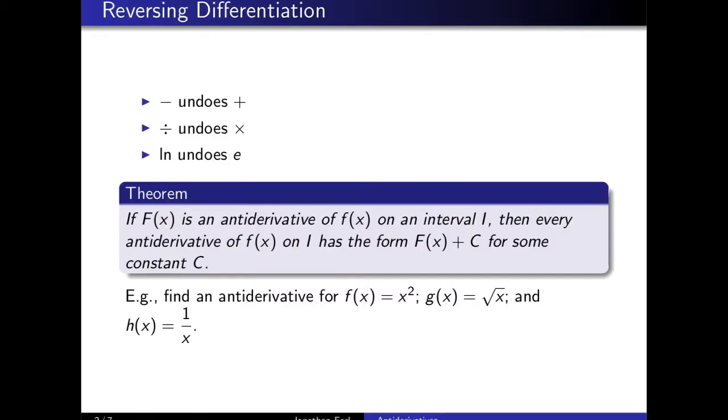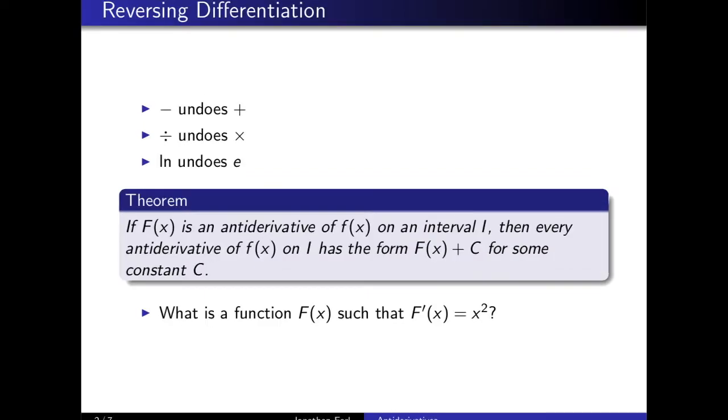Okay, so let's go and find some antiderivatives. So we want to find an antiderivative for x squared. So in other words, we're trying to find a function so that when we take the derivative, we get x squared. Okay. So another way that you could think about this is we're kind of playing Jeopardy. So we're being given the answer and we need to come up with the question. Right?